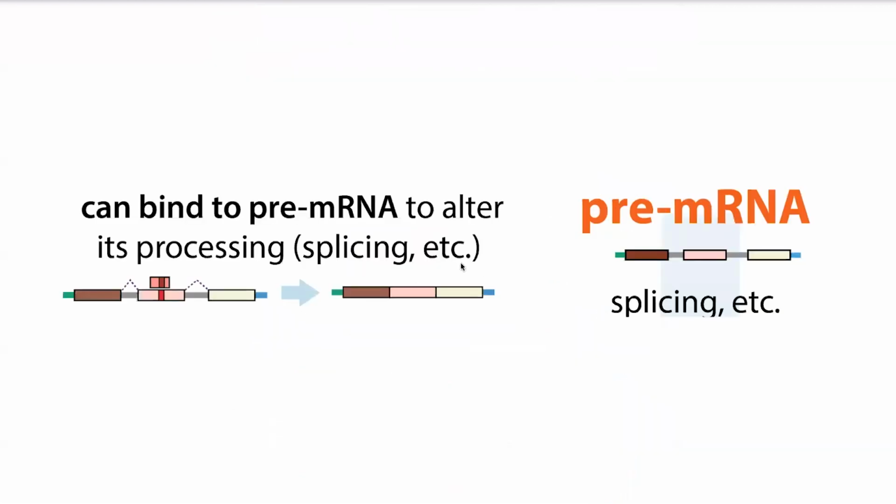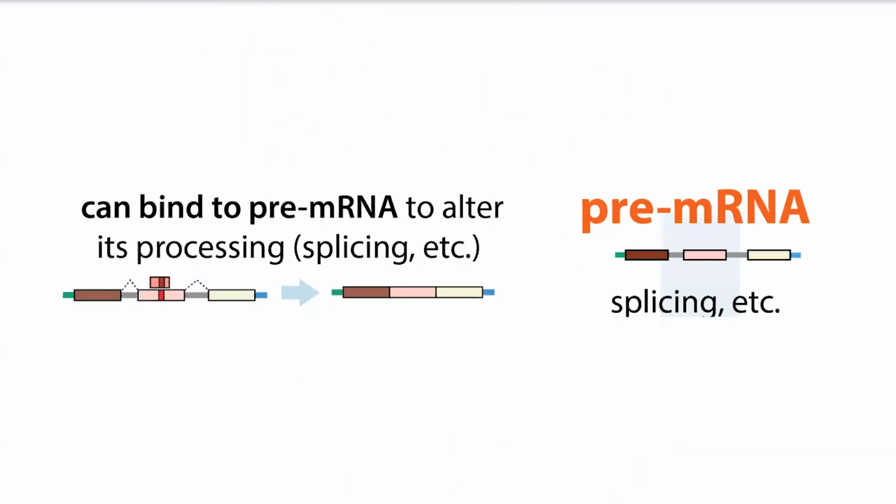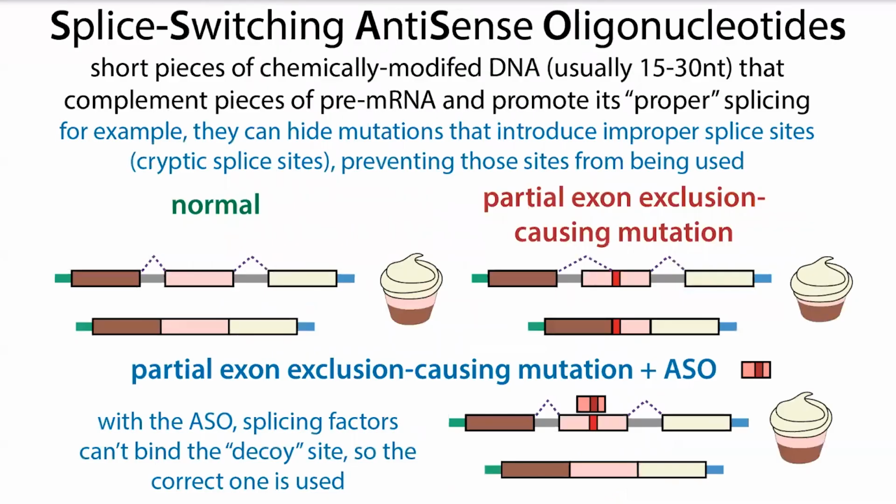During this splicing process, there can be mutations that cause it to go wrong, and this can lead to various diseases like spinal muscular atrophy. ASOs can be designed to bind to mutated pre-mRNAs and alter how they're used in order to get them to be spliced correctly. We'll see a cool example of this with the drug Spinraza that's used to treat spinal muscular atrophy. And we'll get back to that.